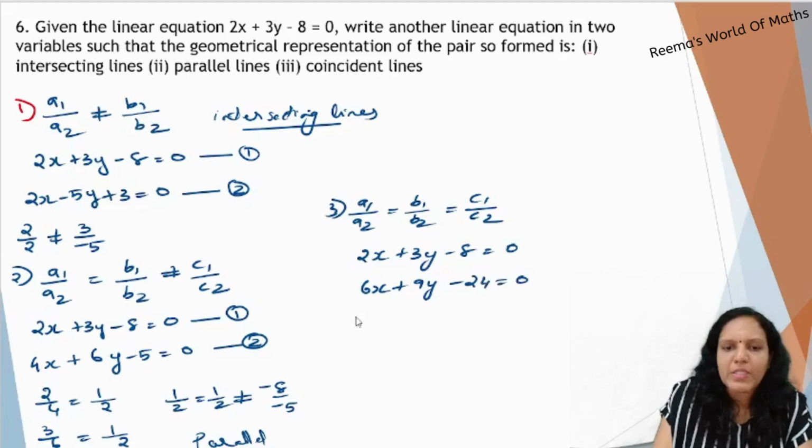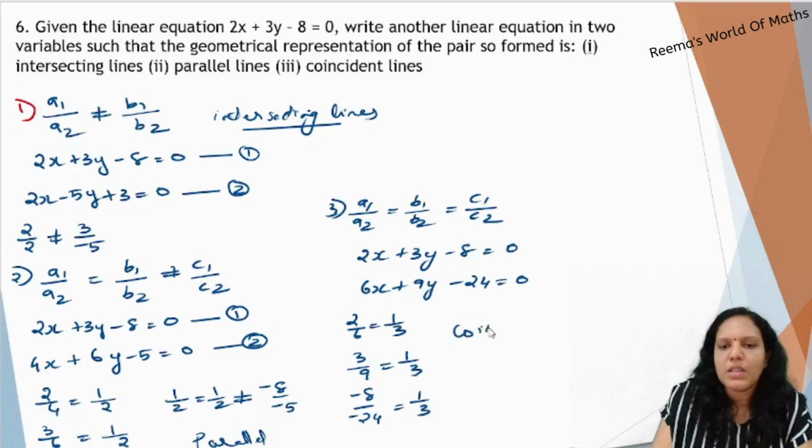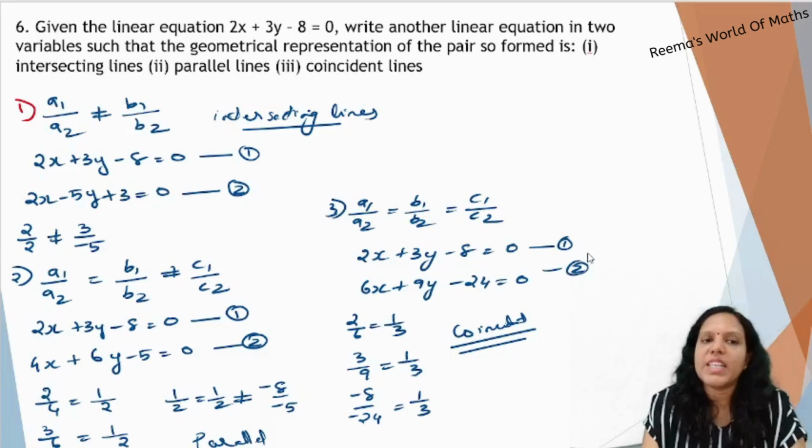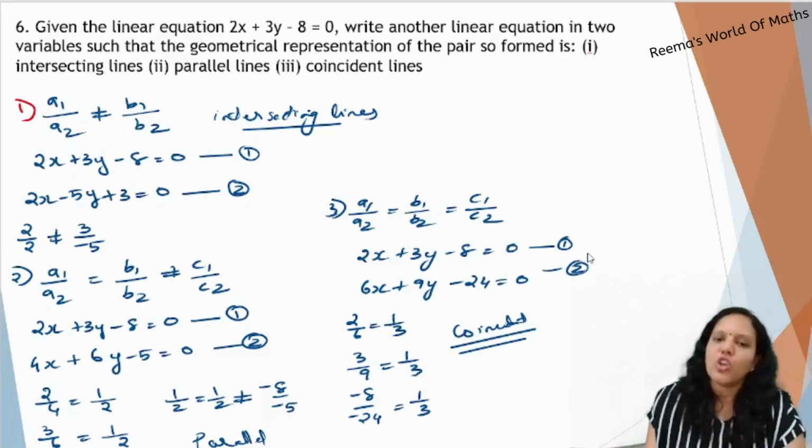Then a1 by a2 is 2 by 6, which is 1 by 3, and b1 by b2 is 3 by 9, again 1 by 3, and c1 by c2 is minus 8 by minus 24, which is also 1 by 3. So here we will have coincident lines. So we have found pairs for this equation which give intersecting lines, parallel lines and coincident lines.